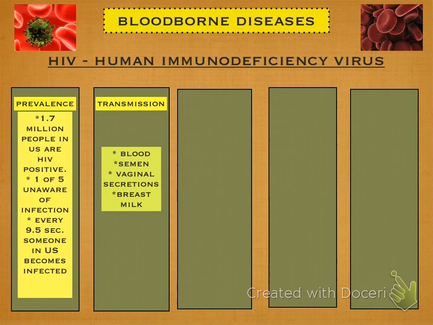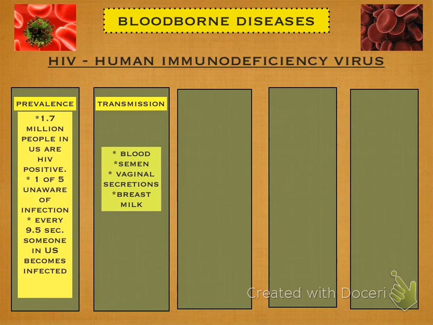Fleas, ticks, those kinds of things. The chances of a flea or a tick biting somebody that has HIV and then biting somebody who doesn't, and that mixture of blood happening, are so slim. I guess nothing is really and truly impossible, but I've never read or heard anything about that happening.